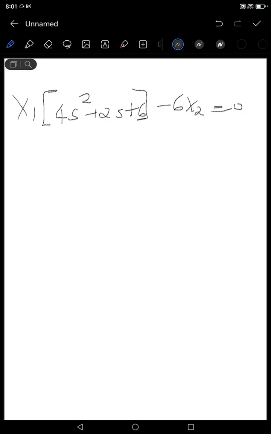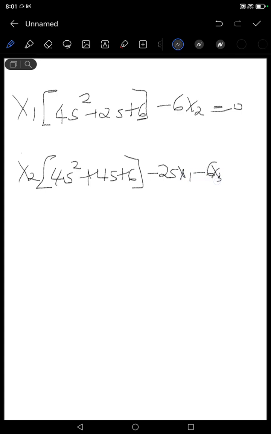And then the second equation was X2 times (4s squared plus 4s plus 6) minus 2s X1 minus 6 X3, all equals F of s.